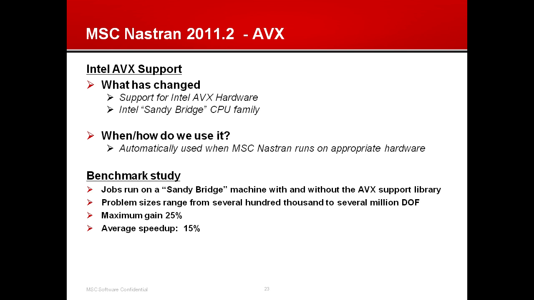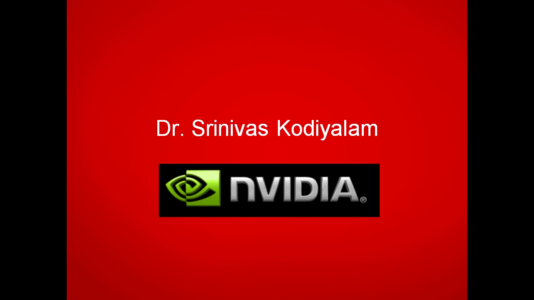So what we see is not just getting a new piece of hardware, but utilizing the new compiler settings to optimize the use of the hardware. We typically see somewhere in the area of 15% improvement in time and as much as 25% improvement in time. So working with our hardware partners is very important.